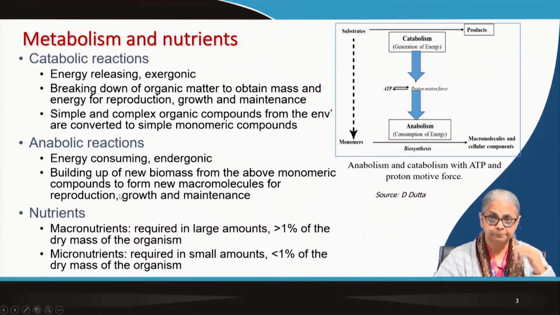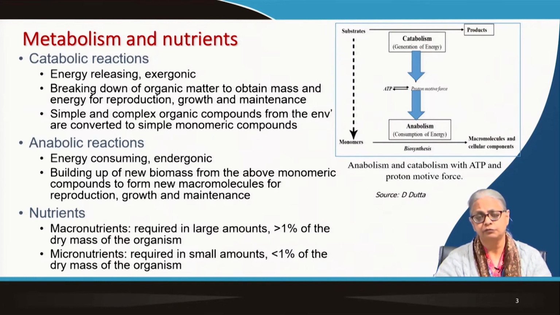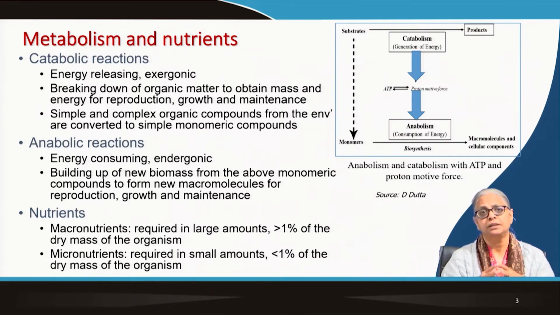Earlier I had defined the big six: carbon, hydrogen, oxygen, nitrogen, phosphorus and sulfur. These are the 6 elements that are required in more, and they constitute more than 1% of the dry mass of the organism. There are a few others depending on the organism, but these big 6 are common to almost all living organisms. Micronutrients are required in lesser amounts because they constitute less than 1% of the dry mass of the organism.